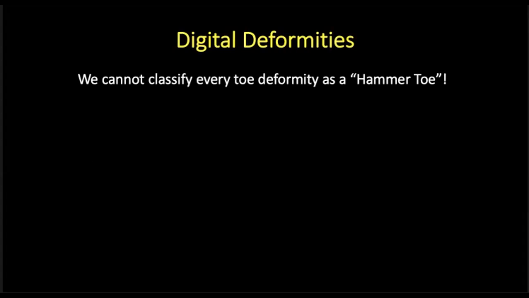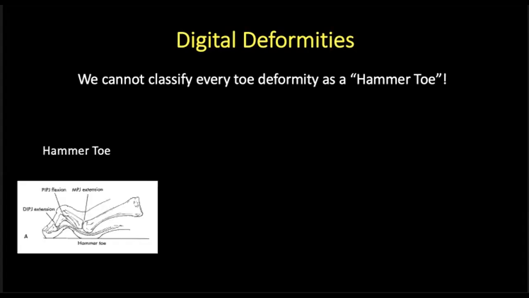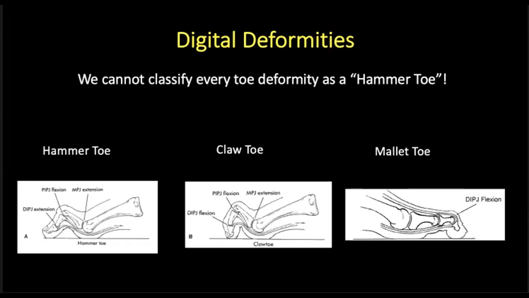I think we often call all digital deformities hammer toes, and we just can't do that. There are specific ways to fix each and every one of these, so it's important to identify what the deformity is.